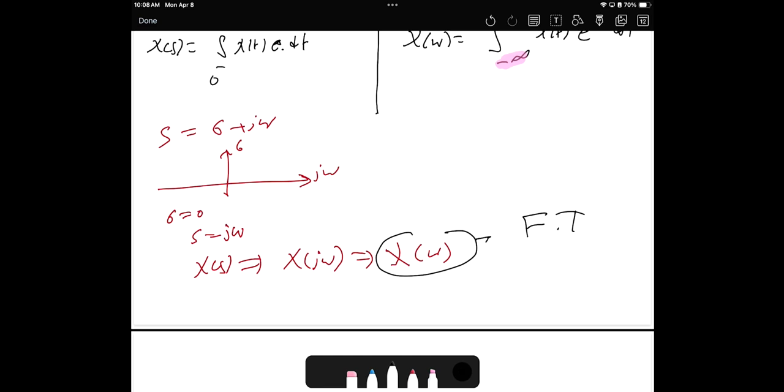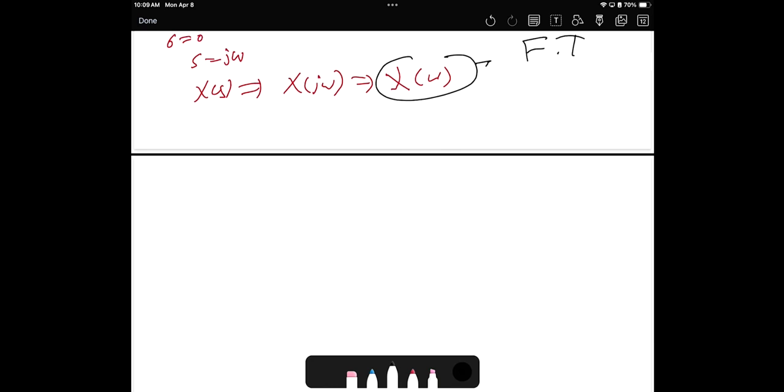In summary, if the signal is periodic, we will use Fourier series. If it's not periodic, you can use Fourier transform or Laplace transform. Which one do you use? Depending on what you need. If you have sigma equal to 0, which is the S operator with sigma equal to 0, then you can use only Fourier transform.